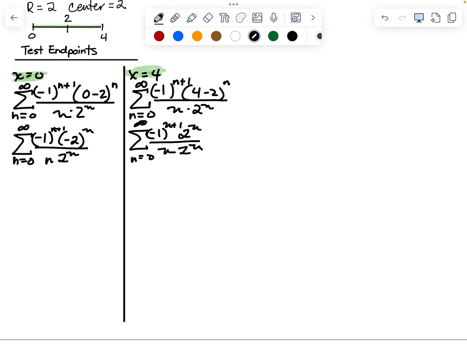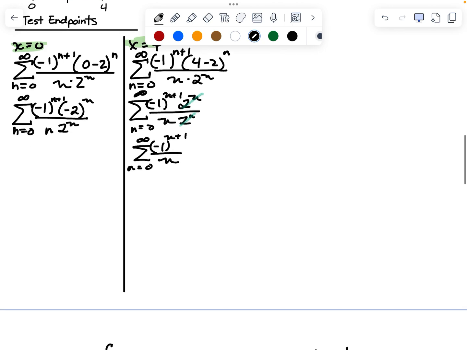You can see here the 2 to the n's are going to cancel, so this one might be a little bit quicker to see what's going to happen. So I'm going to write this one first: the sum from n is equal to 0 to infinity of -1 to the n plus 1 over n. Now I'm going to stop right there for now.